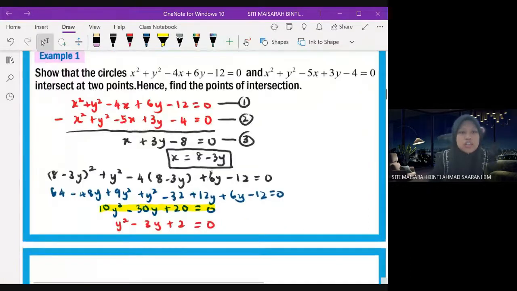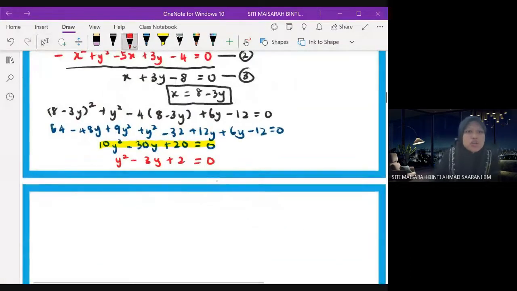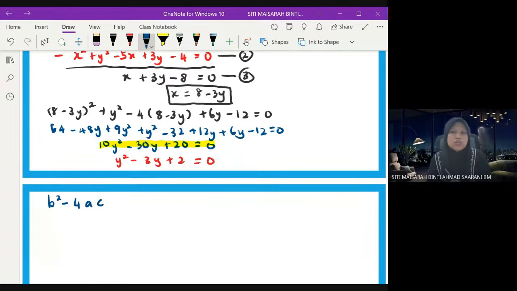So then we continue. Kita punya objektif, kita nak tunjukkan dia intersect at 2 point. So kita kena cari b square minus 4ac dan akhir sekali kita mesti tunjukkan dia nilai dia adalah positif. Is more than 0. Okay, so then kat sini kalau tengok a dia 1, b dia negatif 3, c dia adalah 2.